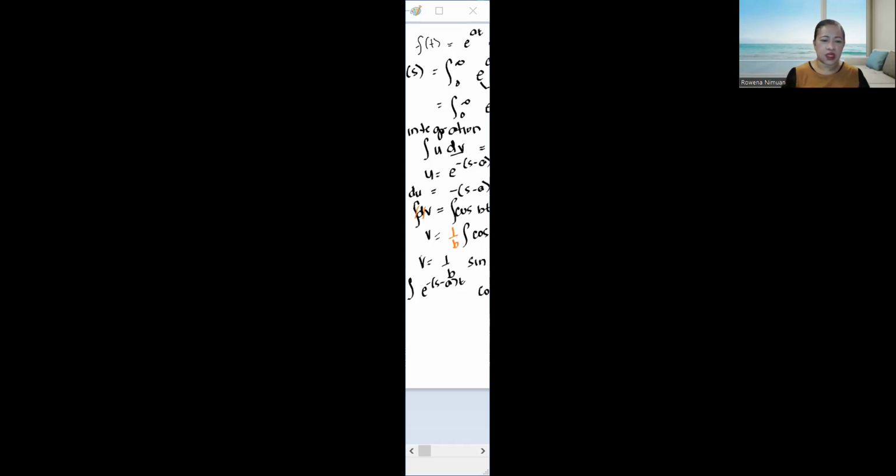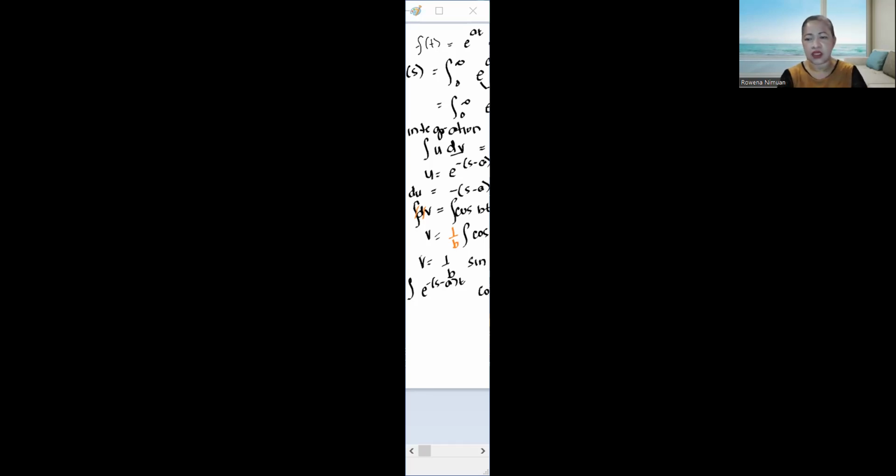Then if I take the common denominator, b squared plus s minus a squared, over b squared, times the integral of e to the negative (s minus a)t cosine of bt dt, equivalent to s minus a over b squared.